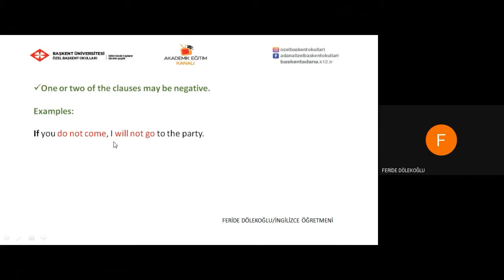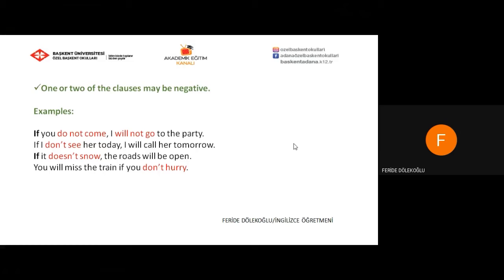Do not come, I will not go. If I don't see her today, I will call her tomorrow. And the negative form here is in the if clause. It can be in the main clause if you want. If it doesn't snow, the roads will be open. You will miss the train if you don't hurry.